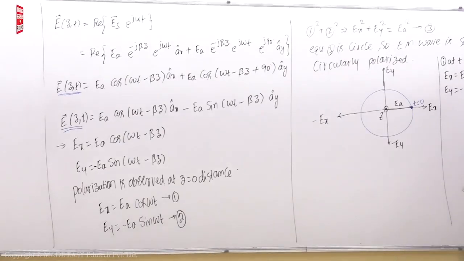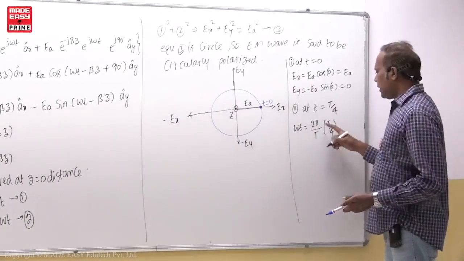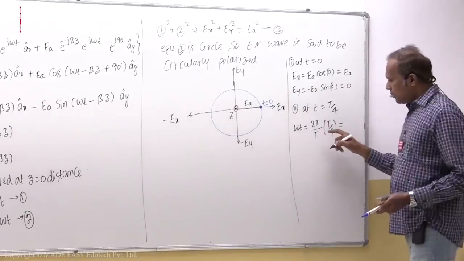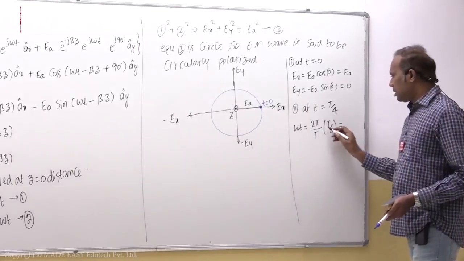Okay. Now let us substitute the next time. At t is equal to T by 4, what happens? Omega t, omega is 2 pi by T into t, which is T by 4. Now T and T cancel, and you get pi by 2.